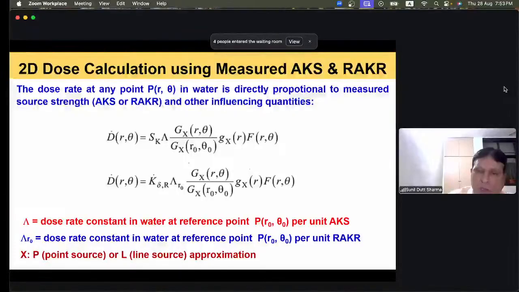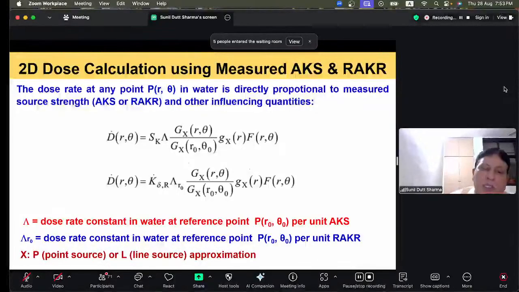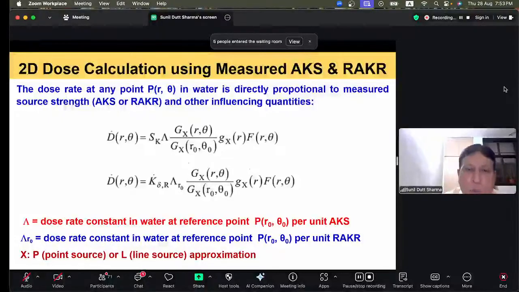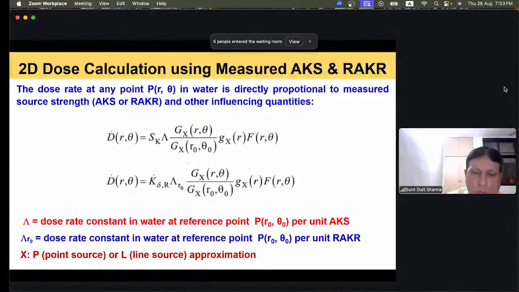But for example, if I am dealing with an iridium 192 HDR brachytherapy source or a cobalt 60 brachytherapy source, and if my interest is to calculate the tumor dose rate at a distance of about 2 centimeters, probably this source cannot be regarded as a point source. So we have to take the line source approximation.